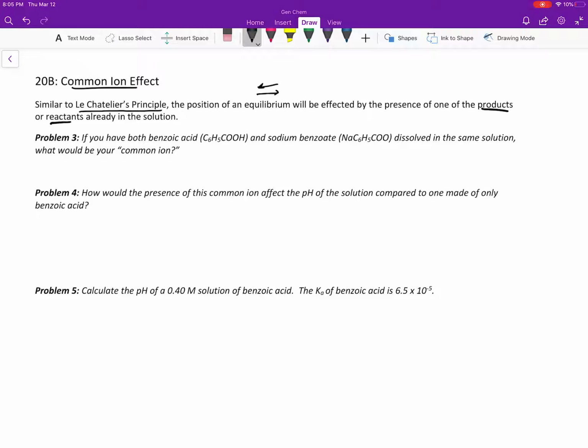If you have both benzoic acid and sodium benzoate dissolved in the same solution, what would be your common ion? What do they have in common? Well, what they have in common is C6H5COO minus.